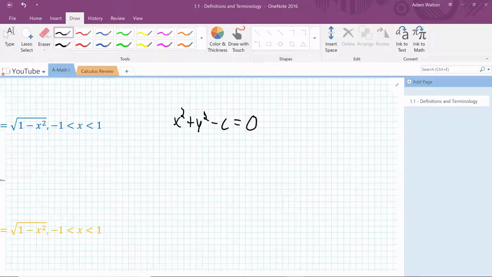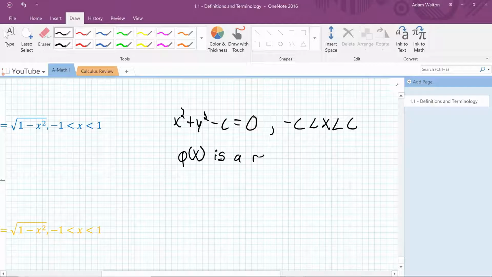It will formally satisfy dy over dx equals negative x divided by y on the interval negative square root of the constant less than x, which is less than the positive square root of the constant. However, before we said that our phi of x is a real valued function. So let's consider something.